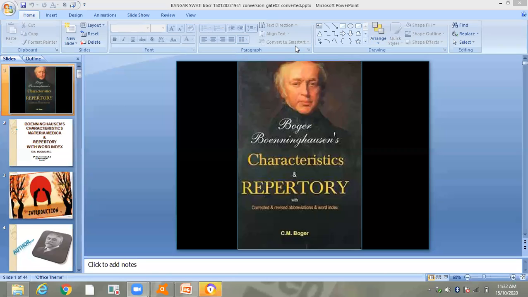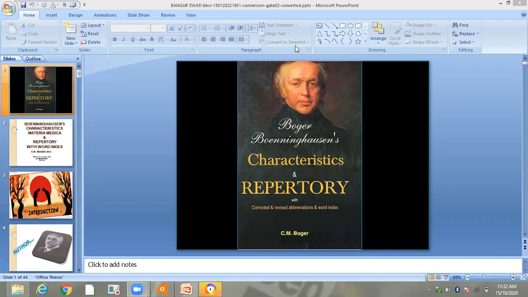In mind section also we found such rubrics in front of which only a single or a few remedies are given. As I give some examples in mind section, that is mischievousness. In front of this rubric only arsenic album was given.